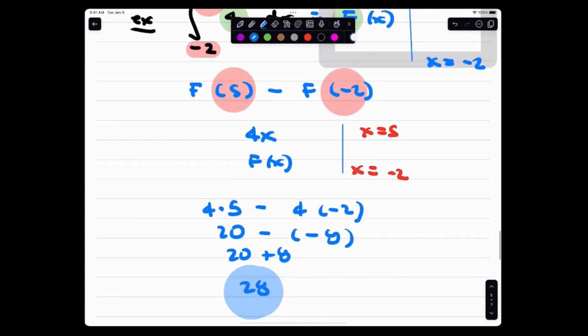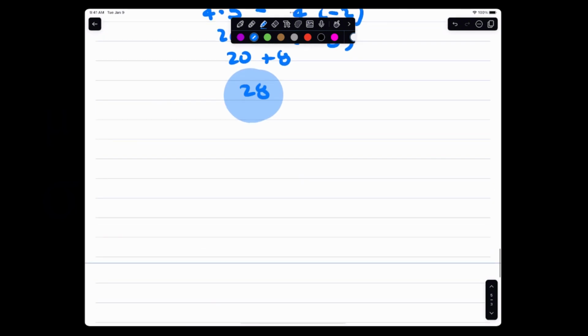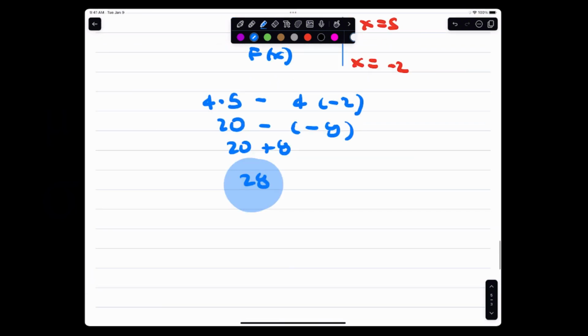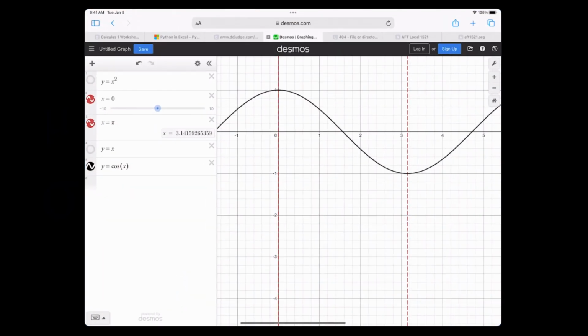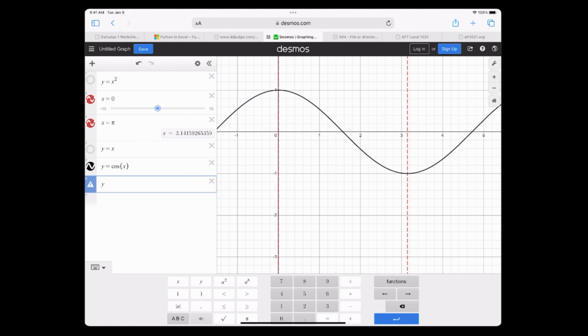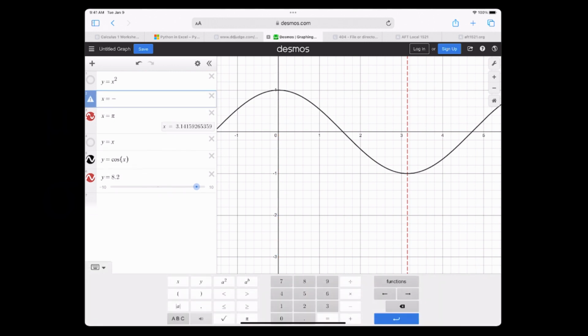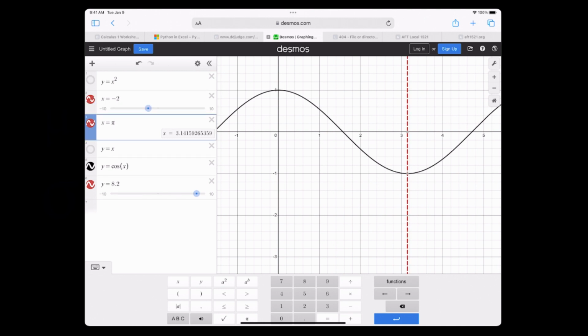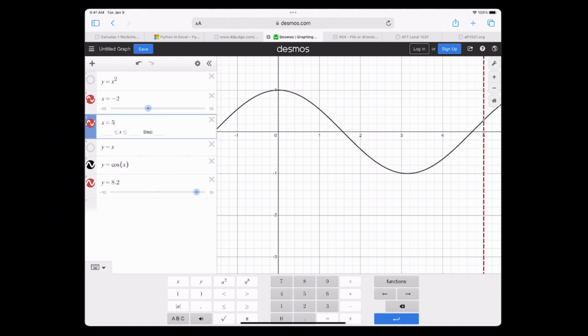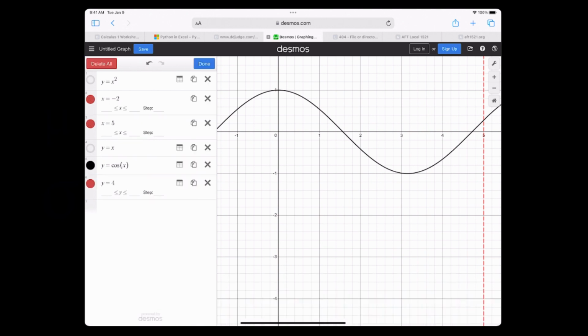-2 and 5, and that's a constant function. What did I give you? 4. What happened here? Change that color to, I don't know, blue.